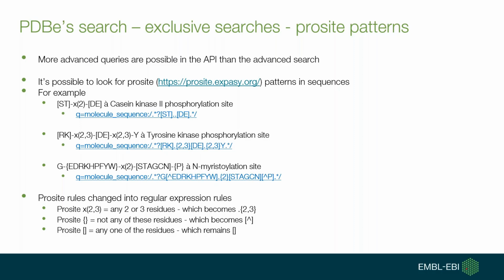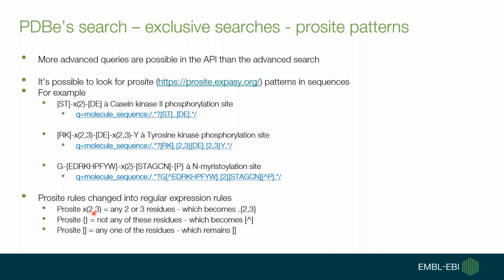I've given a few examples here, looking for a phosphorylation site, and we'd query the molecule sequence with this PROSITE pattern we have here, a tyrosine kinase phosphorylation site. There are a few differences between the PROSITE syntax on the PROSITE website and what we use here. Very simply, we have changed the rules into standard regular expression rules for this to work.